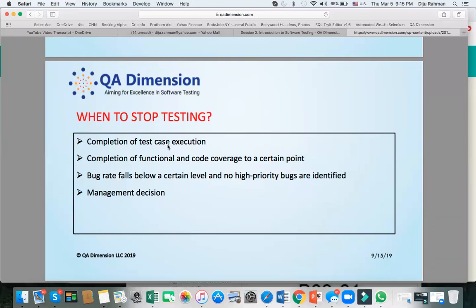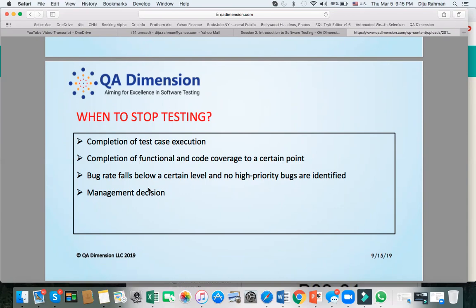Okay. The next is management decision. Sometimes management will say, okay, I think we have done enough testing and there are not too many defects out there, so let's conclude our testing. At that point, management may decide to finish the testing and move on to the next phase.